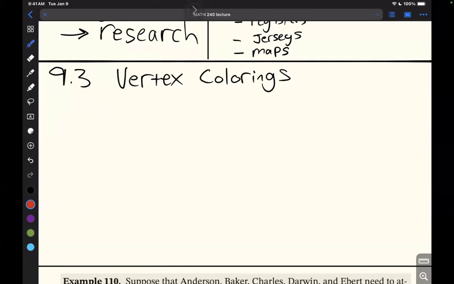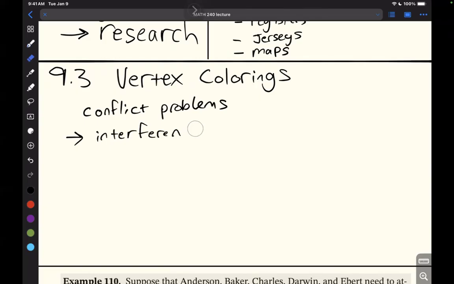So this is really kindergarten for mathematicians. And so we're going to talk about how to solve conflict problems.